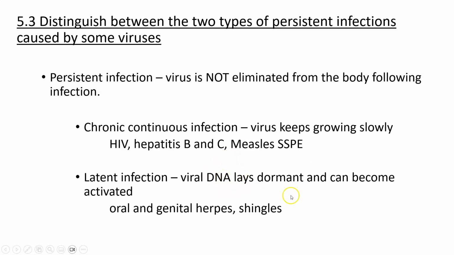But what happens is it can become activated, and then you can show signs and symptoms. Classic latent infections are caused by herpes viruses that cause oral and genital herpes. And the virus that causes chickenpox and shingles can result in a latent infection. So I'm going to elaborate on this in the next slide.